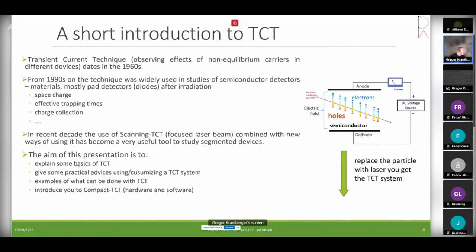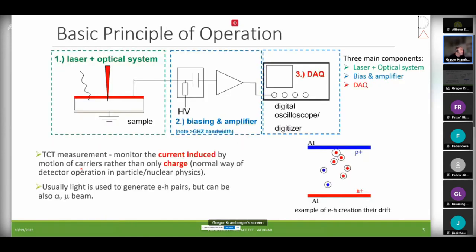Let me just tell you what we are going to look at now. We are going to explain some basics, so what the current in TCT means, give some practical advice on using or customizing a TCT system, then some examples of what can be done with TCT, and then really the core is the introduction to this compact TCT.